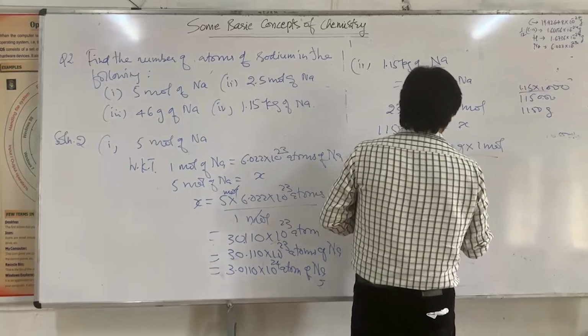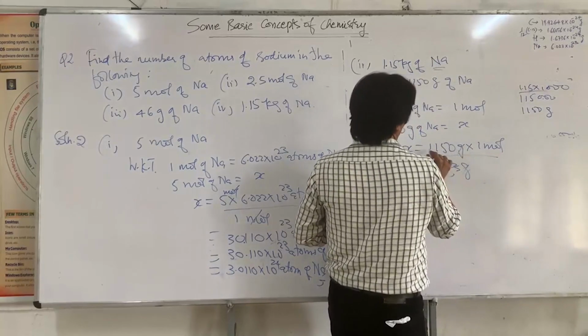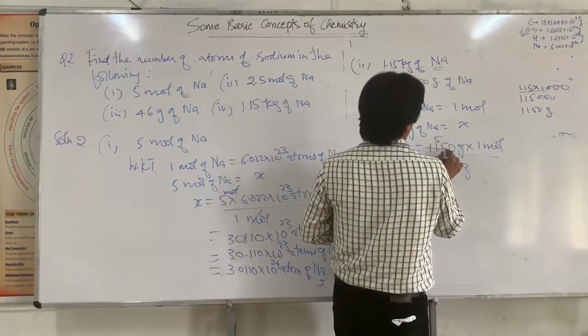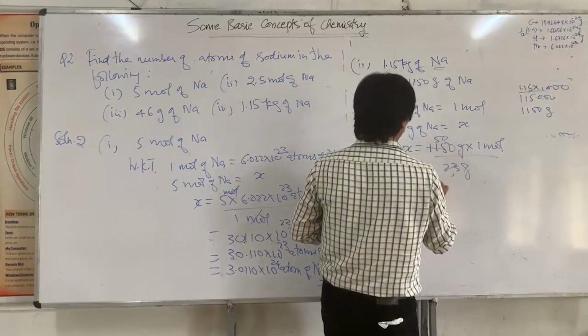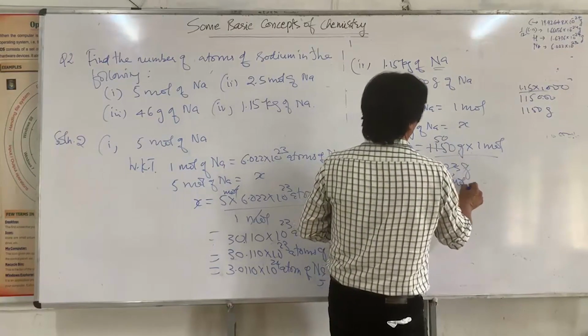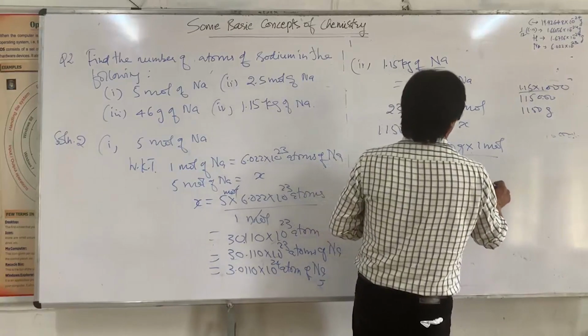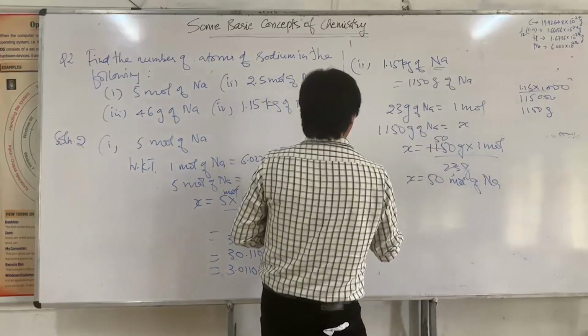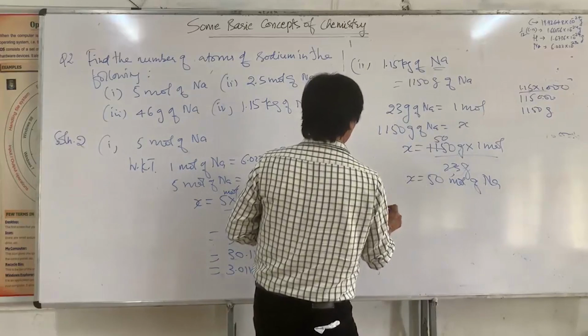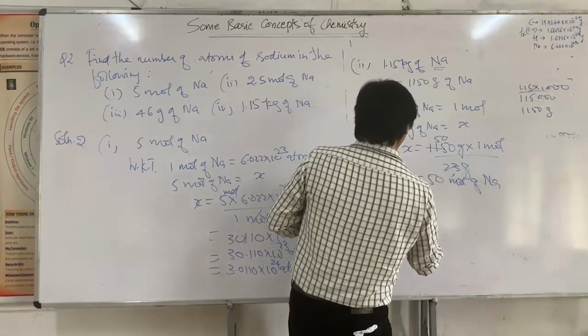Finally x is equal to 50 moles of sodium, right? 50 moles of sodium.